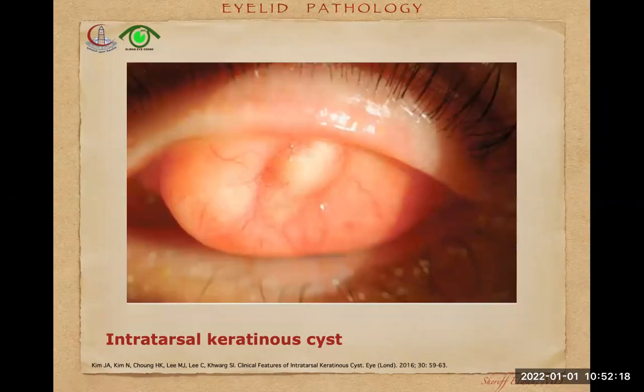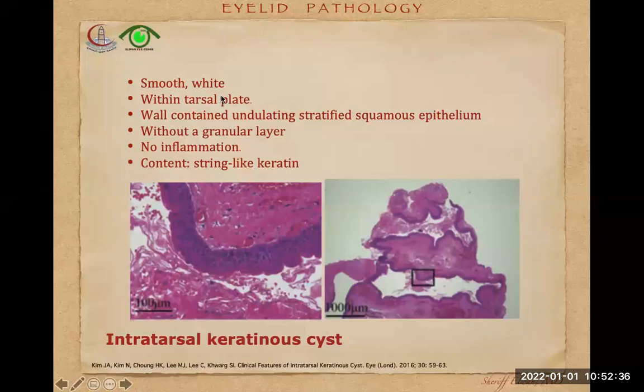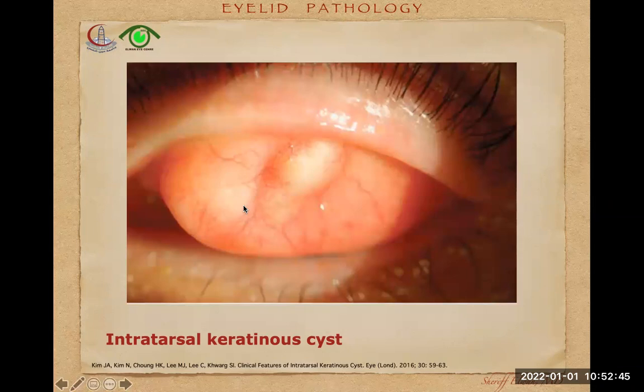This is an intratarsal keratinous cyst, and this photo is from the MS thesis of one of our colleagues. As you can see, it's elevated, whitish, within the tarsal plate, containing stratified squamous epithelium and keratin, and has no granular cell layer. This variety is usually misdiagnosed as a PTD.